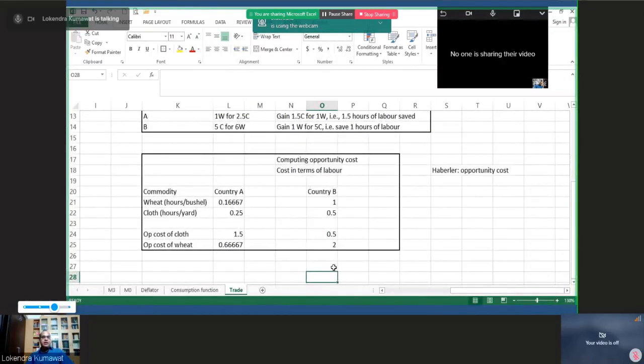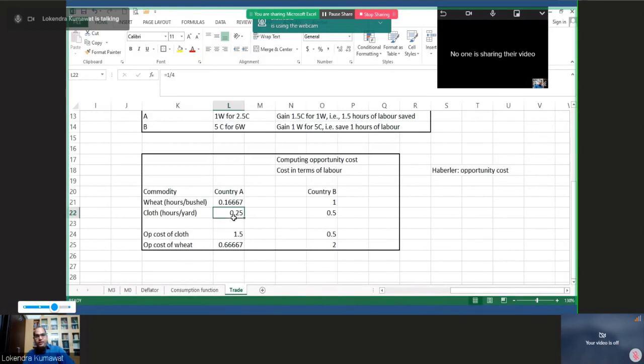According to Haberler, comparative advantage means that a commodity should be produced in that country where the opportunity cost is lower. Let's look at opportunity cost in terms of cloth. Look at this.